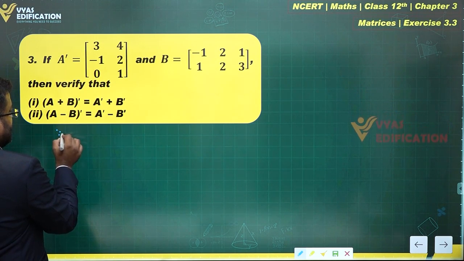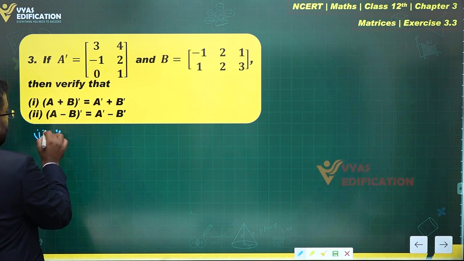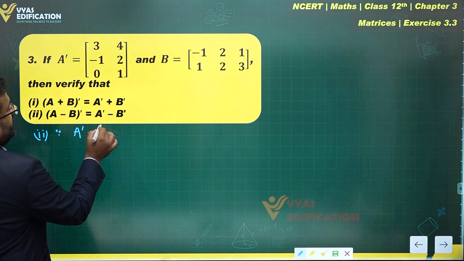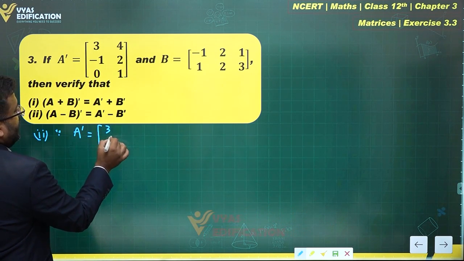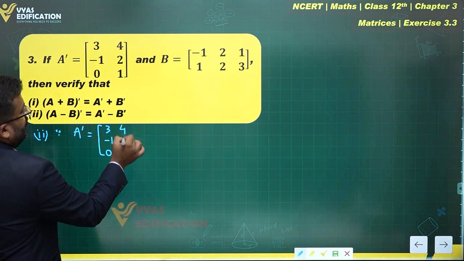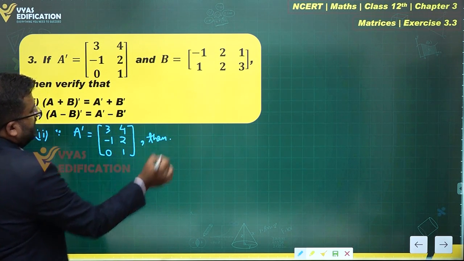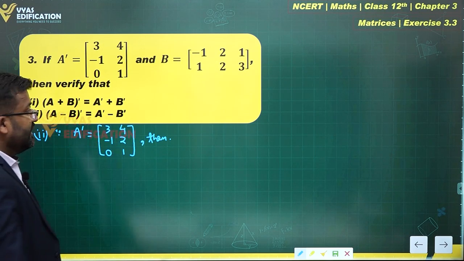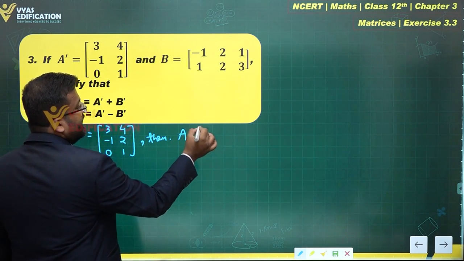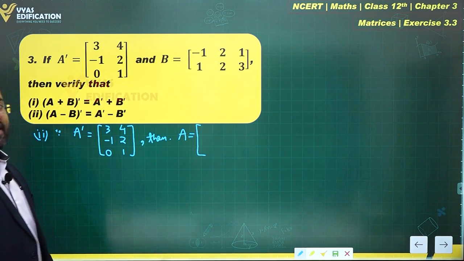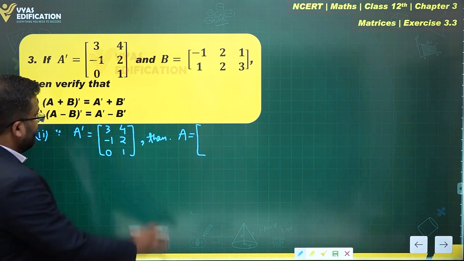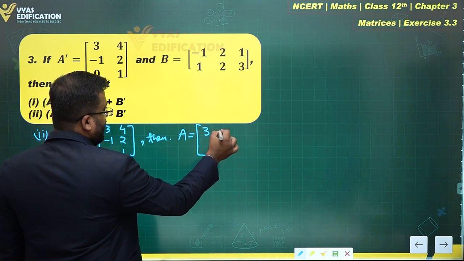So, for the second part, A transpose equals this: 3, minus 1, 0, 4, 2, 1. Since A transpose is already there, the matrix A will be equal to what? The matrix A can be easily obtained. This is 3, minus 1, 0.